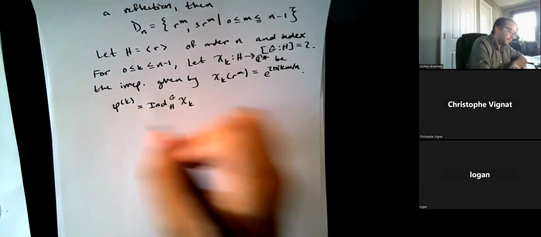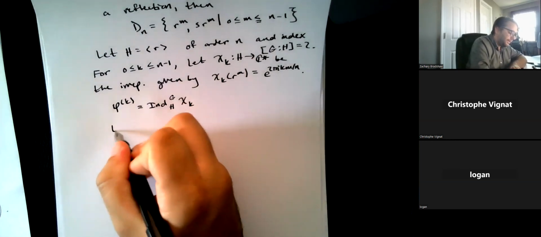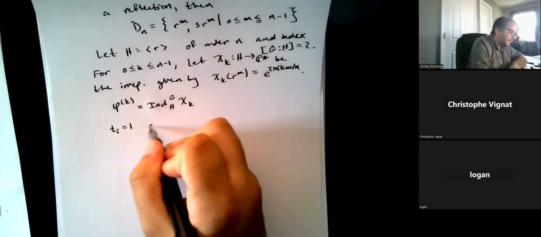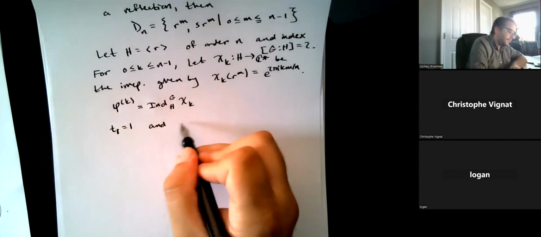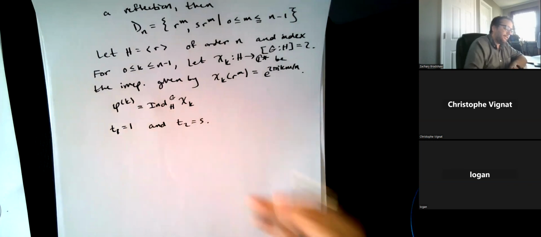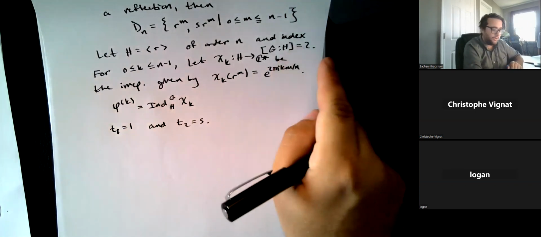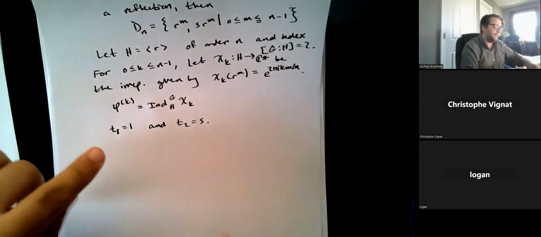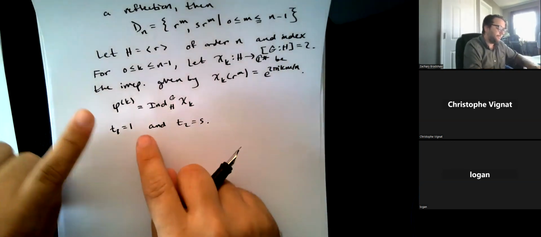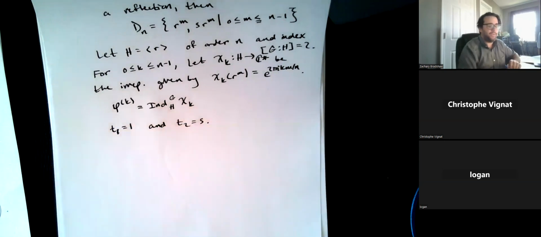So let's take T1 equal to 1 and T2 equal to S. The index of H in G was 2, so there are 2 cosets, and 1 is in one of them and S is in the other one.